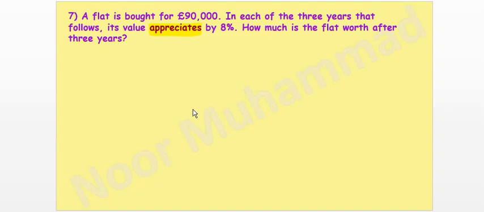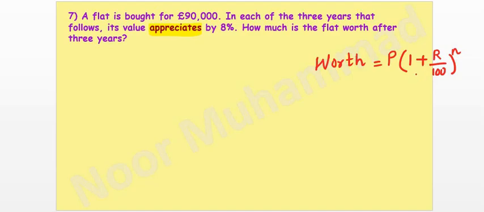But in the case of depreciation, that means the worth is decreasing, so you will do 1 minus. Let me show you here. For example, if we want to find the worth after, let's say, 4 years or 3 years, how do we find it? We write the principal amount and we write 1 plus whatever the rate is divided by 100, and here the number of years.